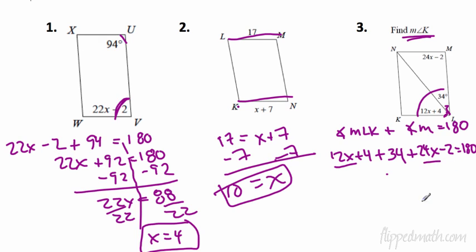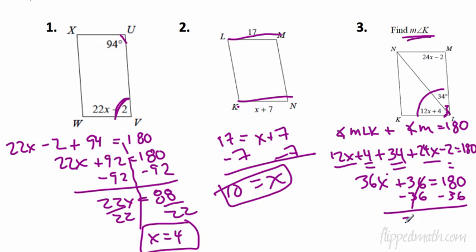12x plus 24x, that's 36x. And we have 4 plus 34, that's 38, minus 2 is positive 36. All of that equals 180. Subtract 36. How's your mental math? They cancel. 36x gets brought down. All right, 180 minus 36.